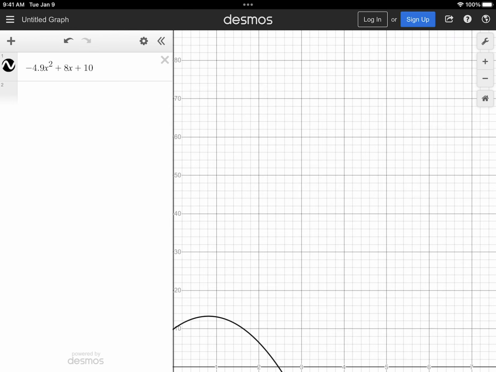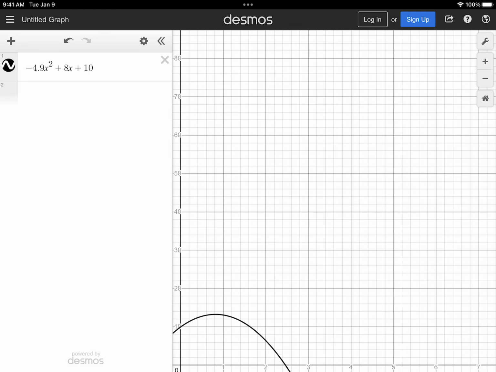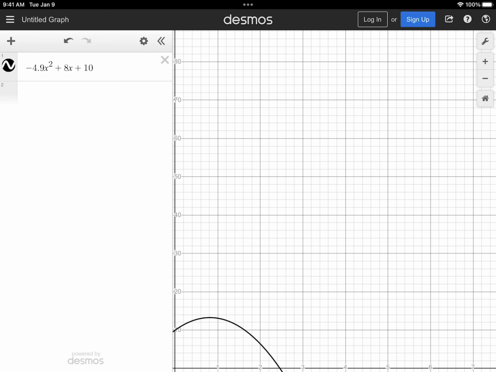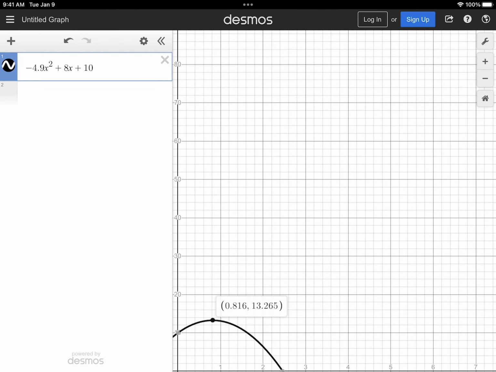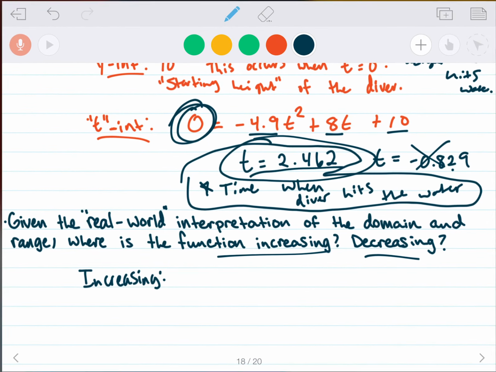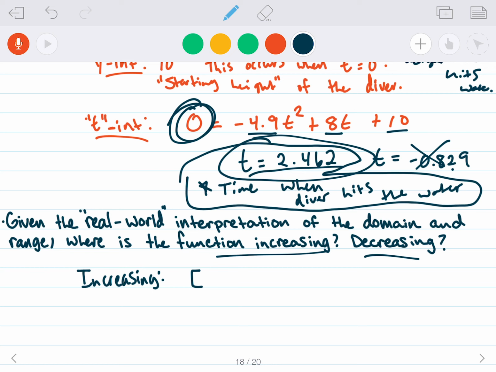Where is it increasing? Well, it's increasing from time equals 0 all the way to this top part, to time equals 0.816. So increasing from, and let's put it in parentheses to be technical with it, x equals 0 to 0.816. Why is it parentheses and not brackets?